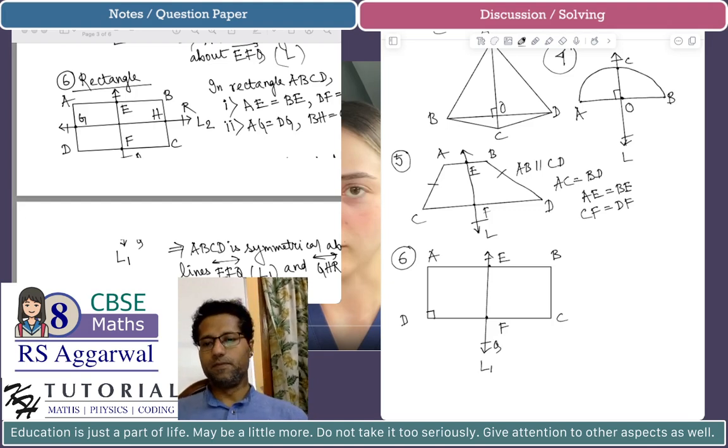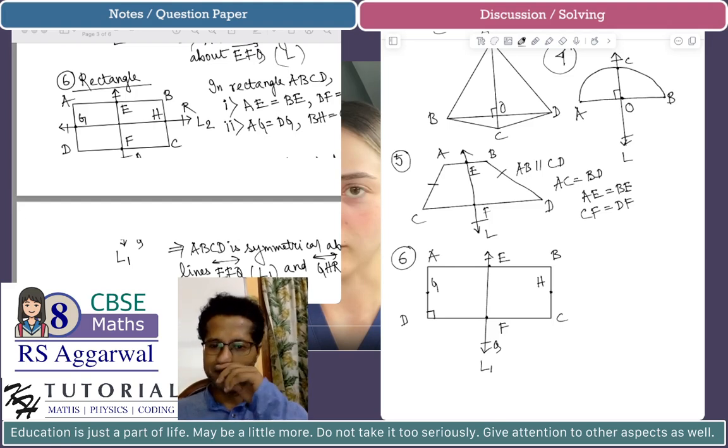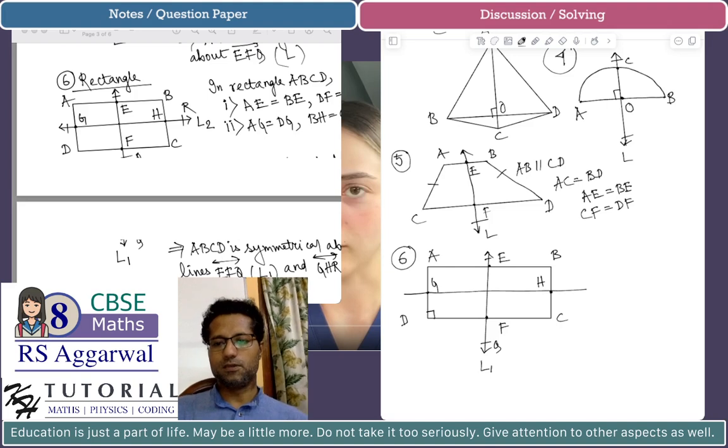Another line of symmetry will be, if you join the midpoints of the other two opposite sides, that is, let's say the midpoint of BC is H and the midpoint of AD is G, and if you join G and H, this line will be the second line of symmetry.